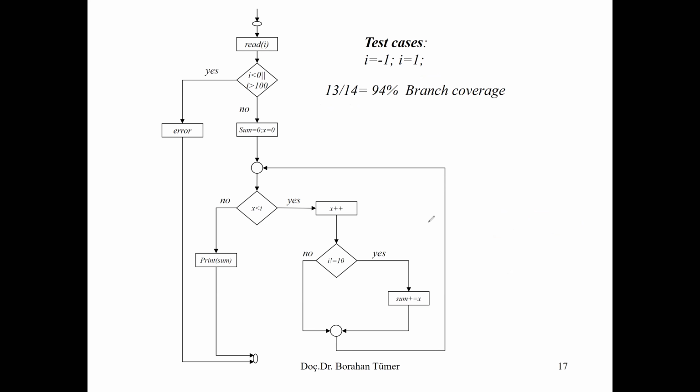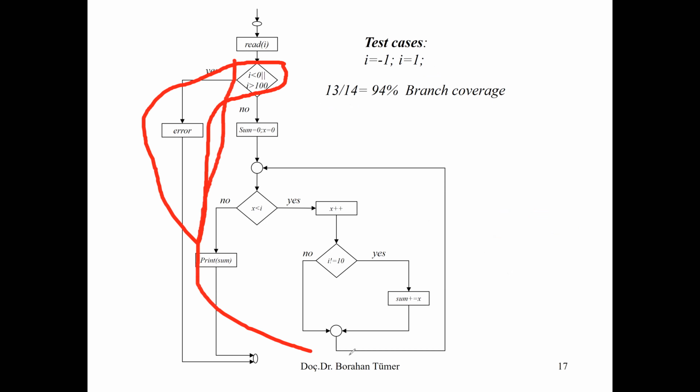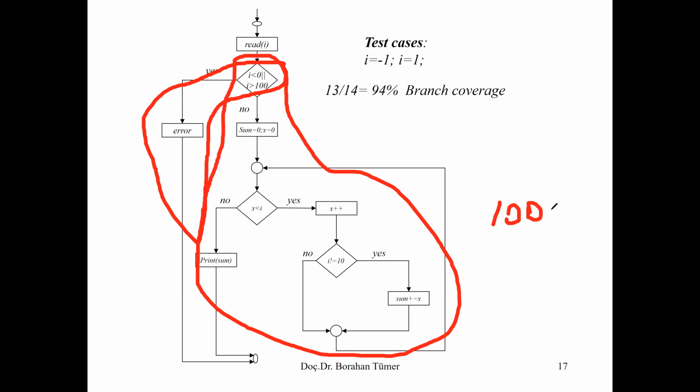Okay, well, with minus one, I covered these two, and with one, I cover all remaining ones, all of these. So that means I get a 100%, that is full statement coverage.